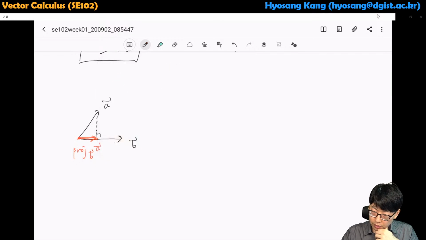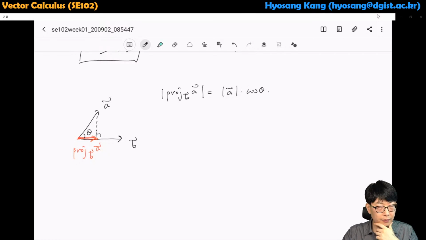So let's say I take theta here, the angle between A and B. The length of the projection vector of A onto B is the cosine theta times the length of A, right? Now if I have the length of a vector and the direction of the vector, I get everything. I can fully describe my vector.